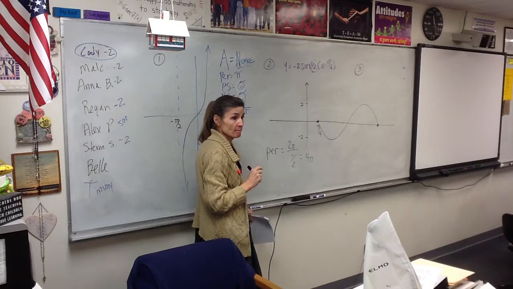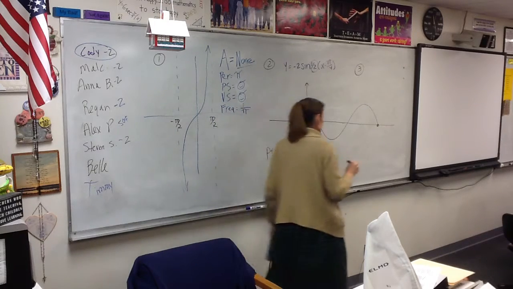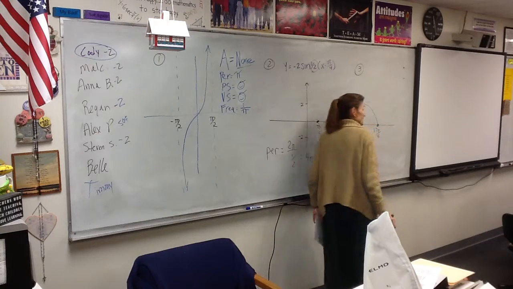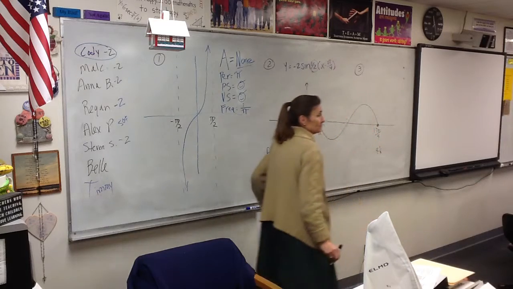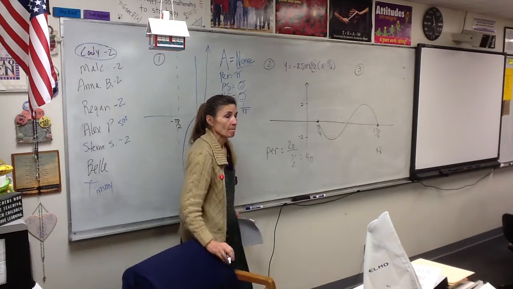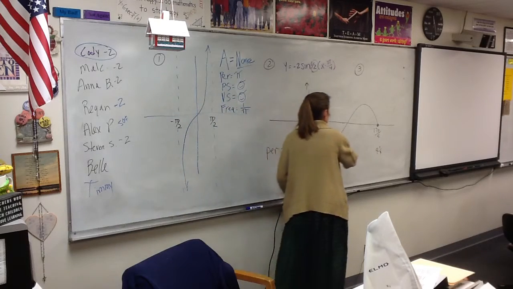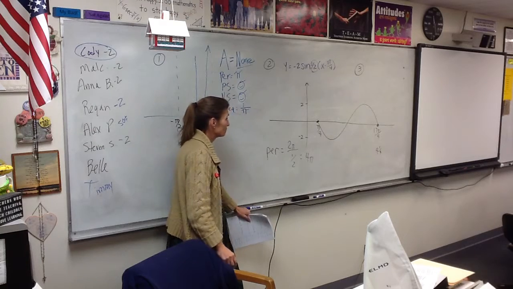What would that be? 4 and 1/4, or 17 fourths. If you start at a fourth and you add 4, you're at 4 and a fourth.